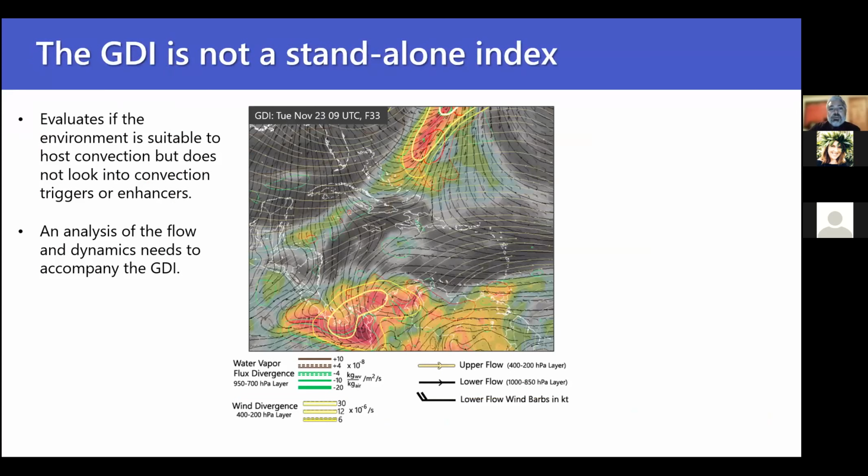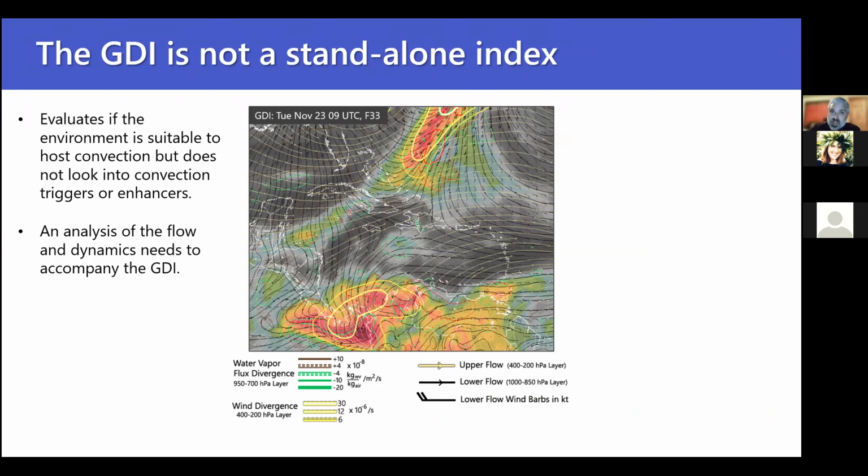And something that is very important to consider is that the GDI is not a standalone index. It is very important to use the GDI, but you should also look at other variables, starting with precipitable water, which is also a thermodynamic quantity, moisture content.